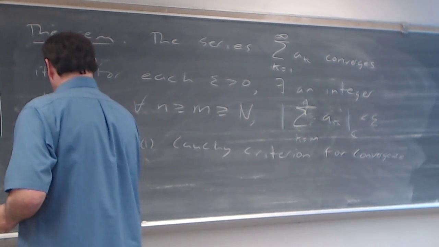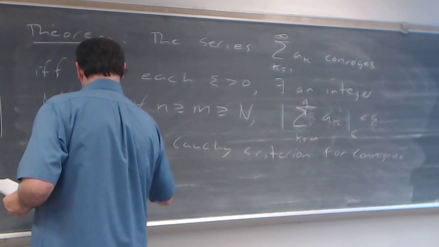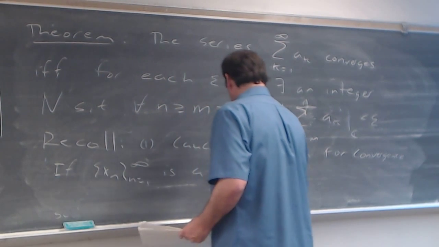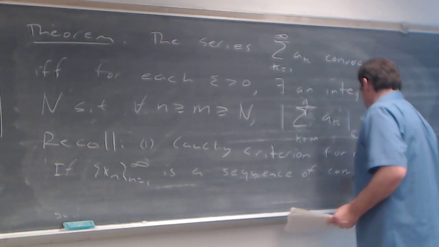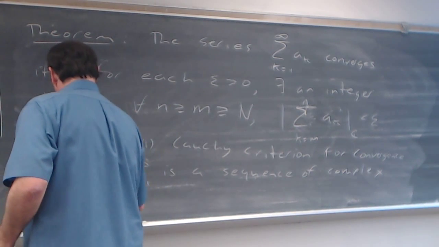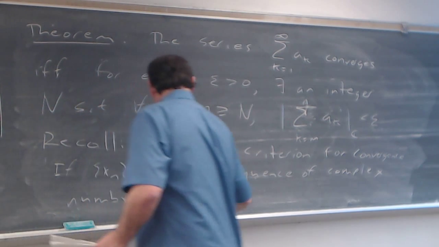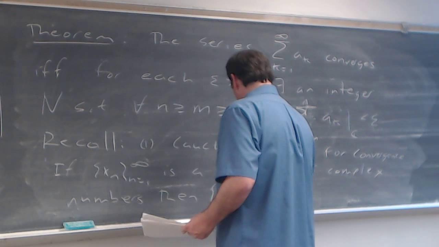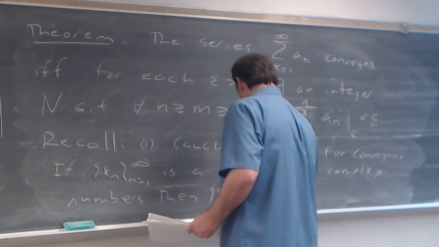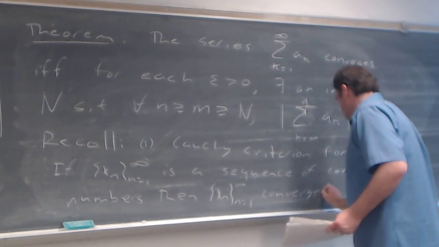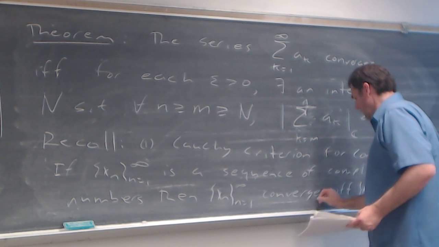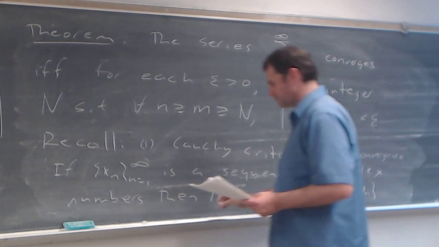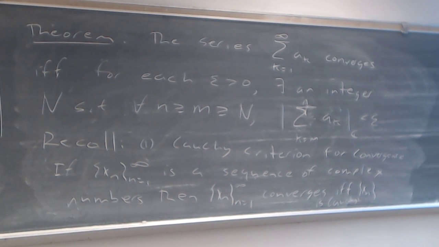What it says is, if x of n is a sequence of complex numbers, then x of n converges if and only if it is Cauchy. That was one thing. The idea of Cauchiness, if you remember, Cauchy sequences were sequences that get eventually arbitrarily close together, the terms do.